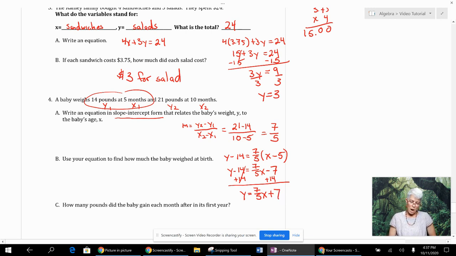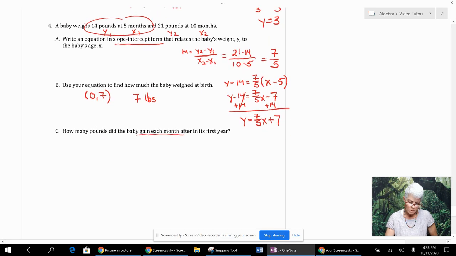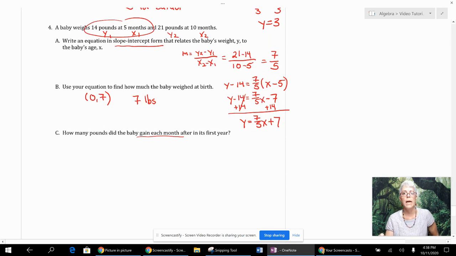So how much did the baby weigh at birth? If my y-intercept is 7, that ordered pair would be (0, 7). So at 0 months, the baby weighed 7 pounds. If I want to know what the baby's gaining each month, I look back at the slope, because the slope is the rate of change. Now, I probably wouldn't say my baby's gaining 7 over 5 pounds a month.